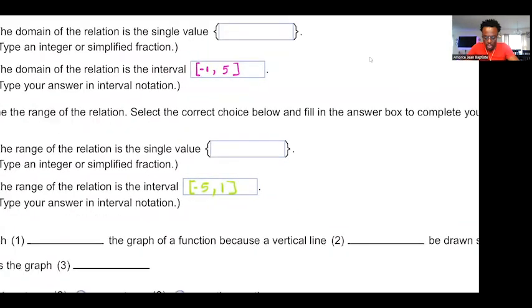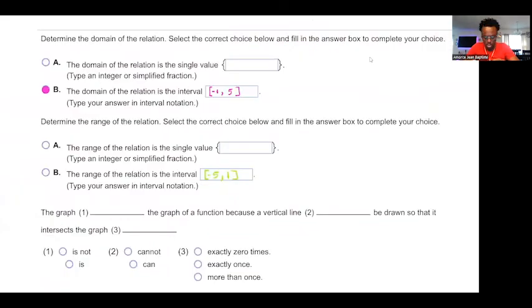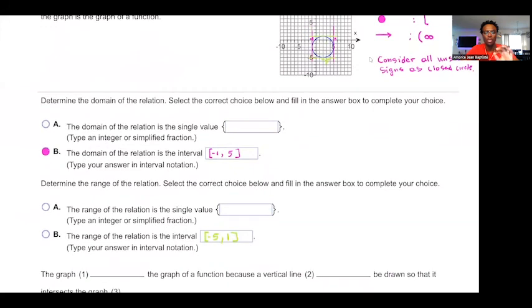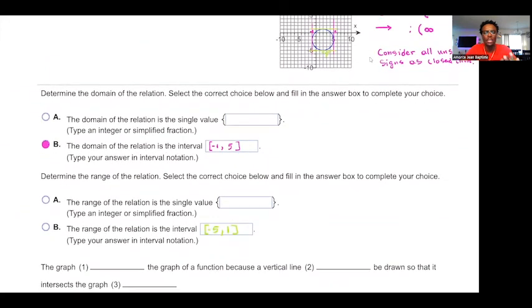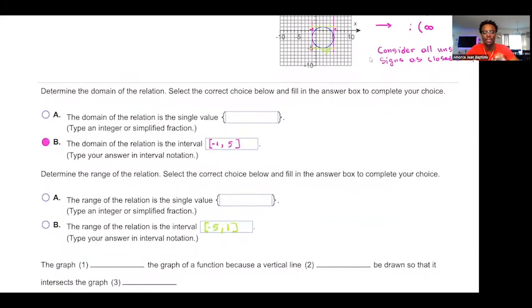And then now they're trying to check to see if I remember this idea of the vertical line test. You look at this graph and you tell me quickly that this did not pass the vertical line test. But they don't want you to just say that. They want you to state something to see if you understand what you mean when you say vertical line test.